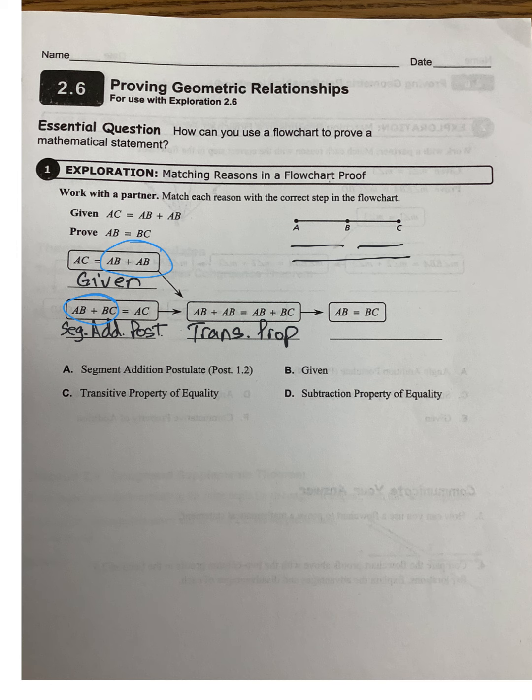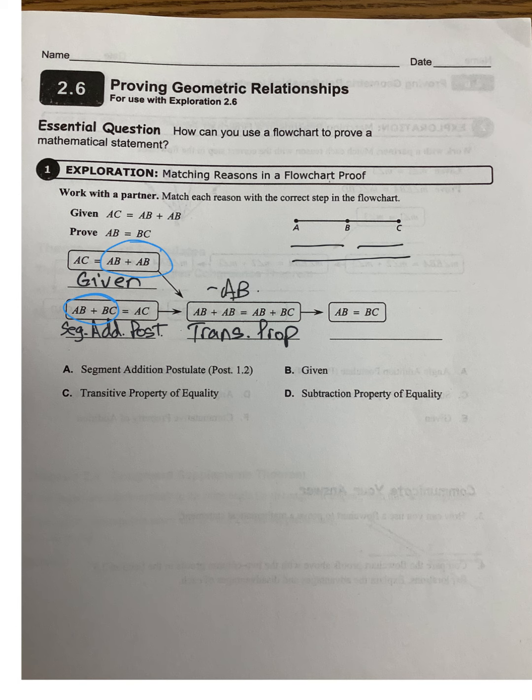All right, so now we have the proof statement. AB is equal to BC. And the only thing left is subtraction property. So what did we subtract? We subtracted one of the ABs, didn't we?